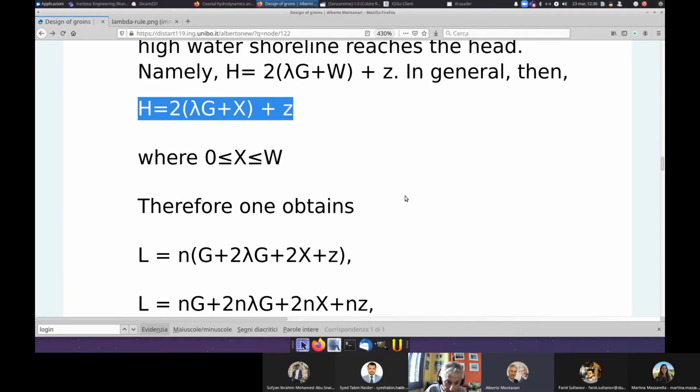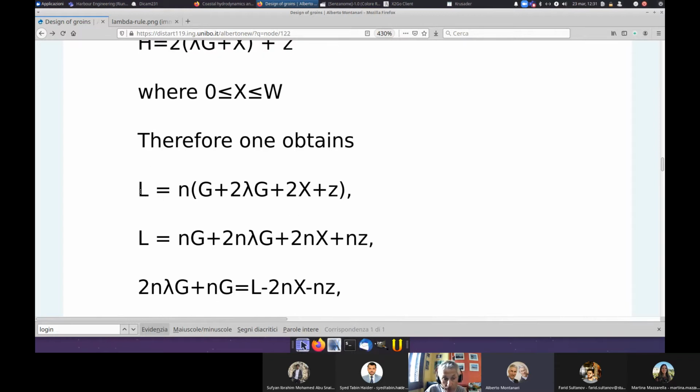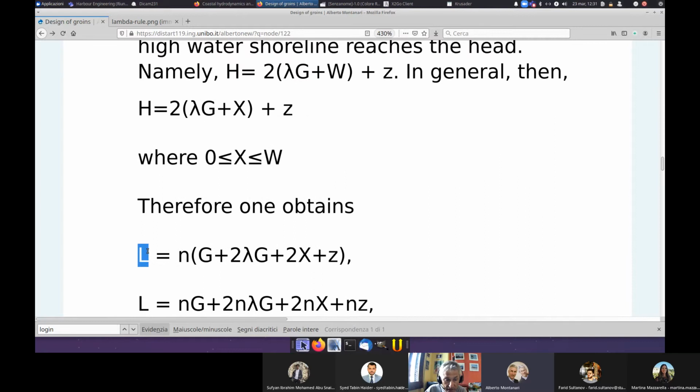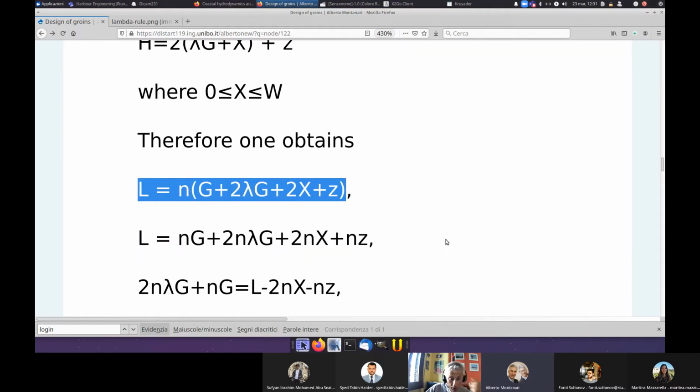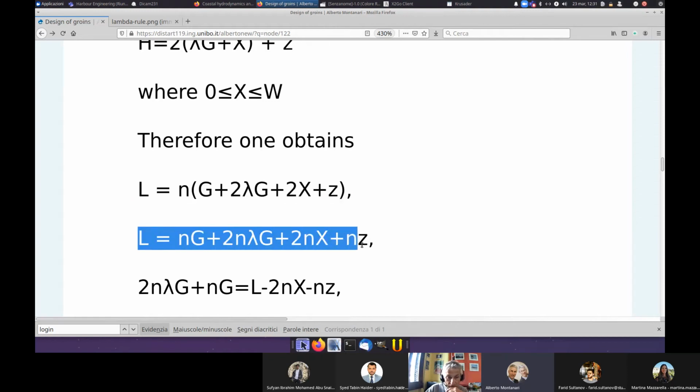And therefore, you can write the expression for the overall length of your intervention in this way. So the overall length is equal to N, which multiplies G plus 2 lambda G plus 2X plus Z, which you may further develop by multiplying N times each addendum between parentheses in the above relationship.